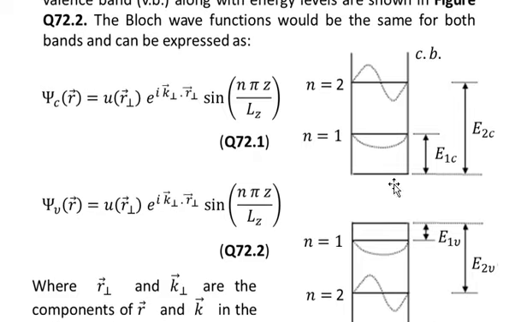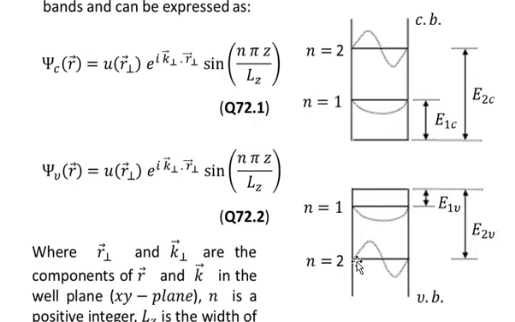For example, in this figure, you can see the horizontal lines corresponding to n equal to 1 and n equal to 2 in the valence band, and similarly the solid horizontal lines corresponding to n equal to 1 and n equal to 2 represent the energy levels or the states available in the conduction band and the valence band for the first two states, and the wave functions have been shown by the dotted lines. If you look closely and magnify this figure, you will see that the wave function has been plotted in dotted.